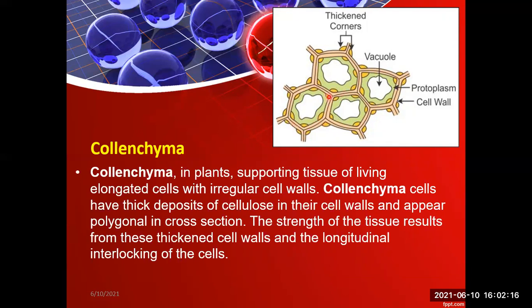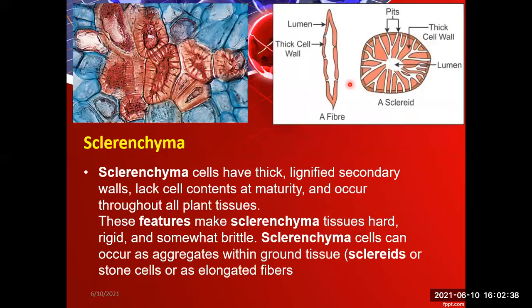There are many different ends of the cells in cross section. The strength of the tissue results from the thickened cell walls and the longitudinal interlocking of the cells. The collenchyma cells have thicker walls as compared to the parenchyma cells. This is the main difference.